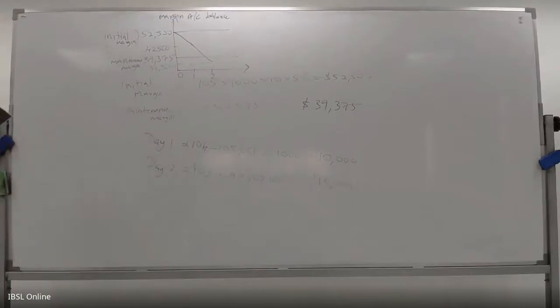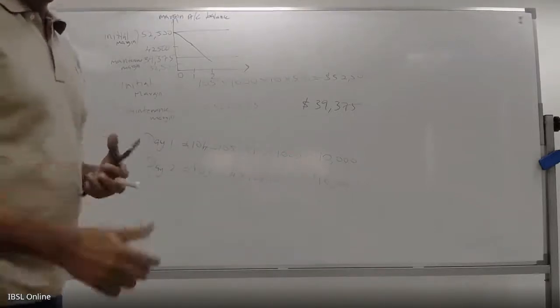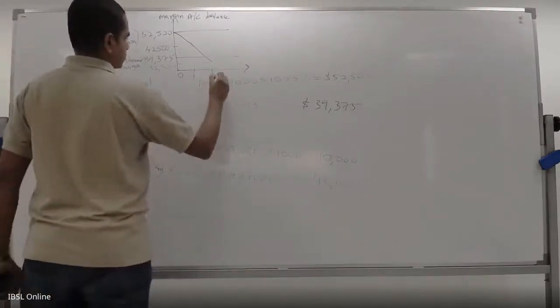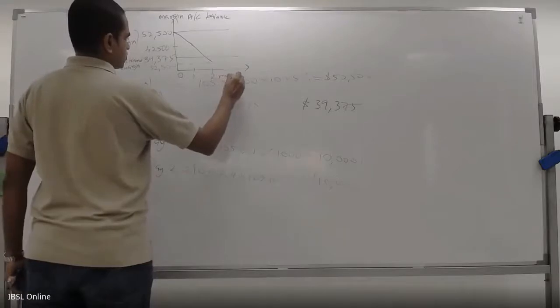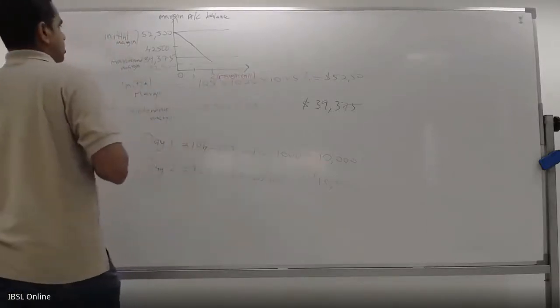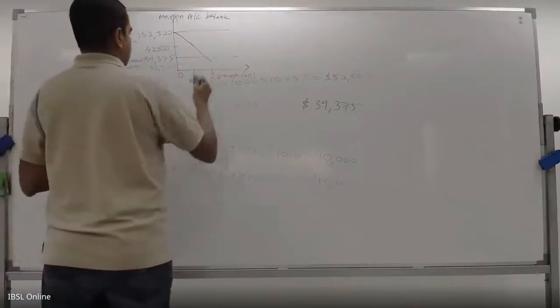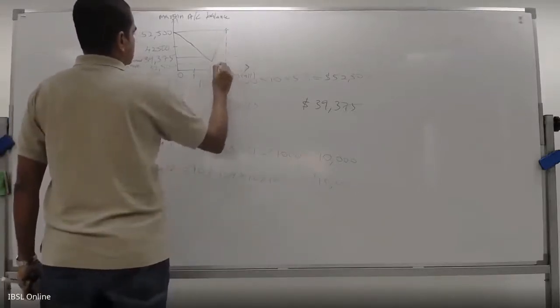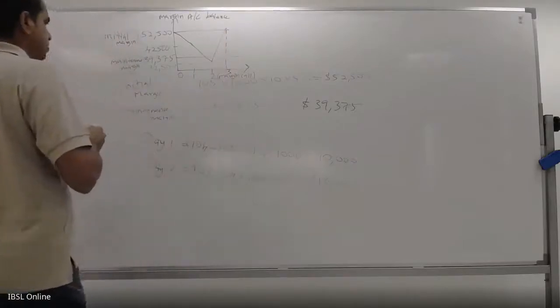So when it falls to 32,500, it's below maintenance margin. Therefore, a margin call will be issued, and you need to top up the balance on day 3 up to initial margin.